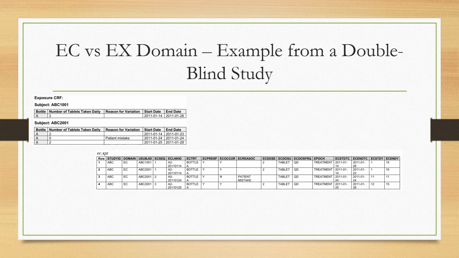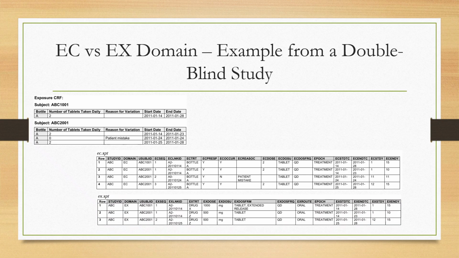Please note that till this time the study was blinded, because of which we only have created the EC data. When the study is unblinded, only then we are creating the EX data, and in EX data, the actual drug which the subject received after unblinding will be populated as the EX dose TRT here.